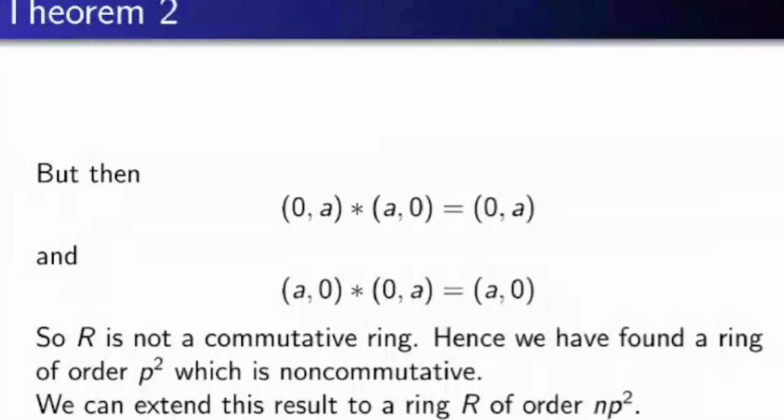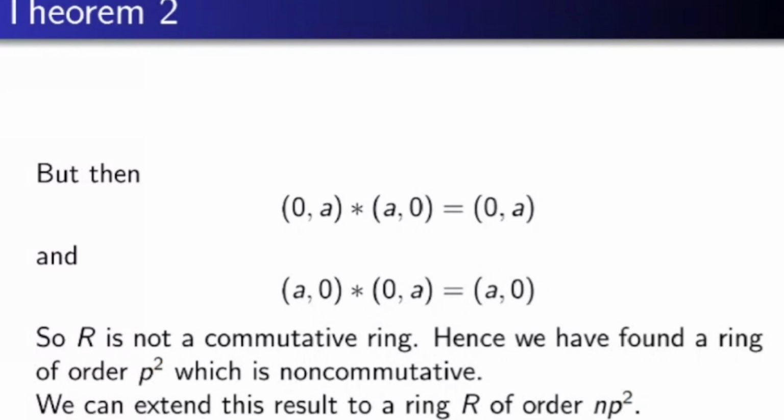By the definition of the operation, J2 plus K2, we have J2 equal to 1 and K2 equal to 0. So 1 plus 0 times the first element, 0 comma A. Similarly, when we reverse the two elements, A comma 0 and 0 comma A, we have J2 plus K2 as 1 and the first element is A comma 0, therefore it is 1 times A comma 0, which is equal to A comma 0.